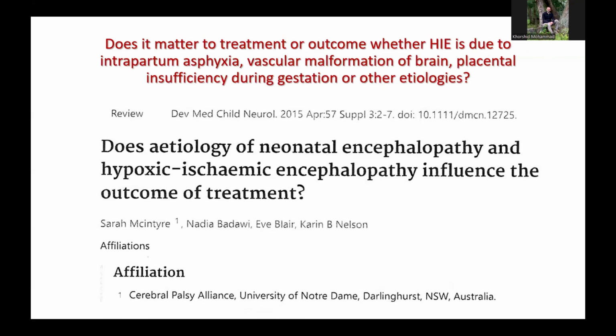And then we have to ask whether the etiology of neonatal encephalopathy influences the outcome of treatment. Does it really matter whether the hypoxia ischemia comes from abruptio placentae, for example, or comes from arrested delivery or prolonged labor and fetal distress?